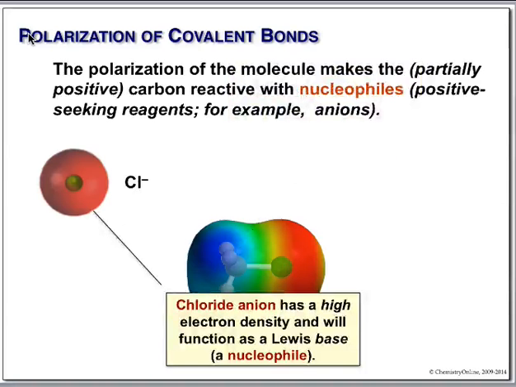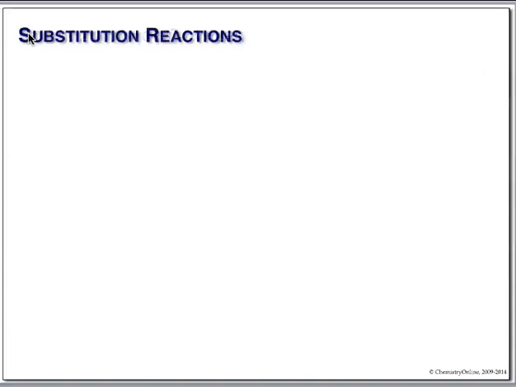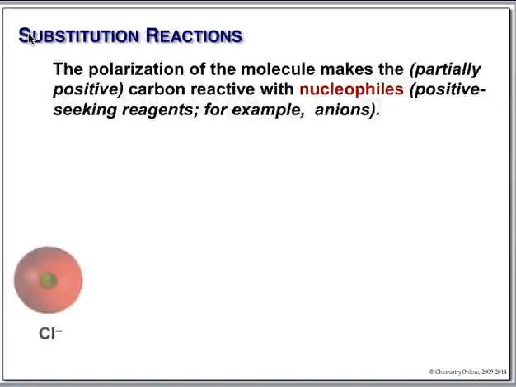Up here we have chloride anion. It has extra electrons, nice rich source of electrons. What's going to happen in a simple substitution is that the chloride is simply going to attack this positive carbon. We're going to lose our leaving group here and form a new product. The reaction itself looks something like this.